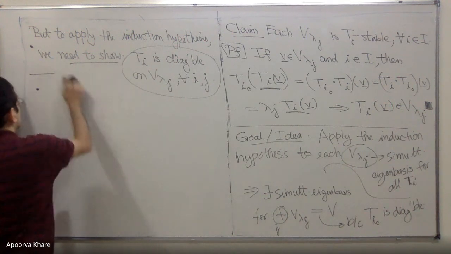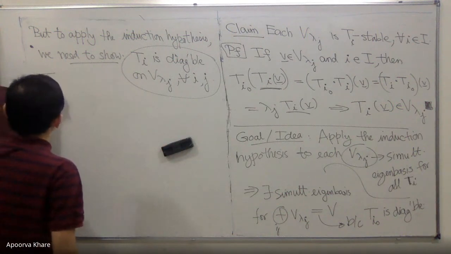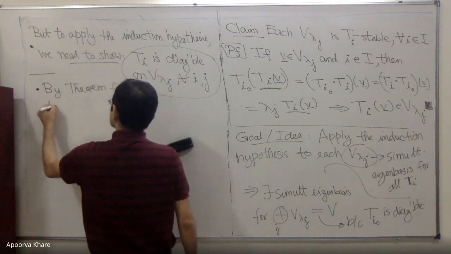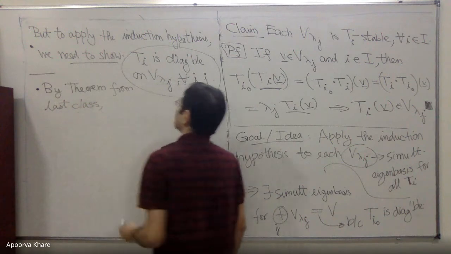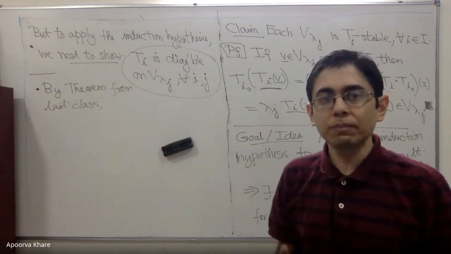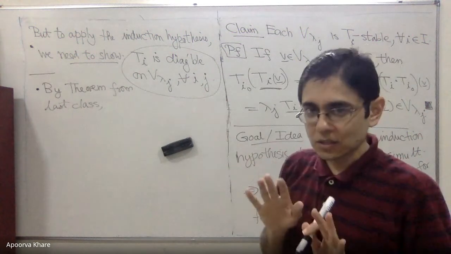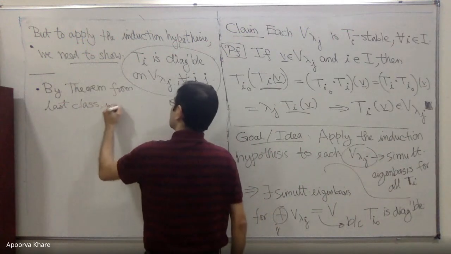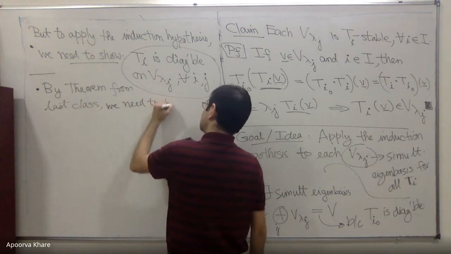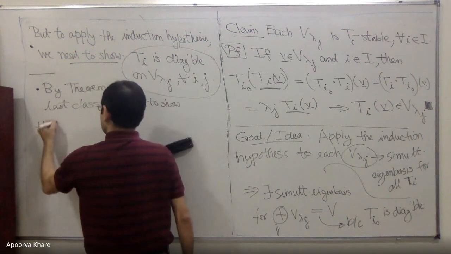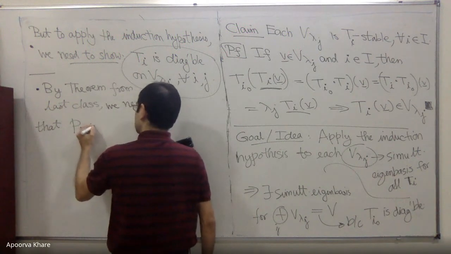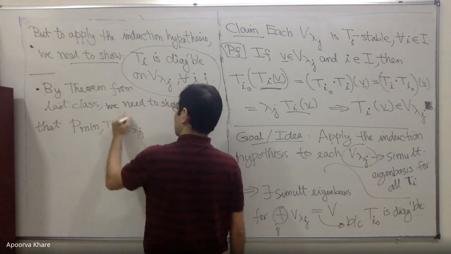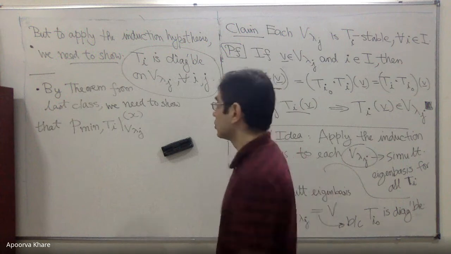Maybe I should say it the other way. So by the theorem from last class, we need to show this. Equivalently, we need to show that the minimal polynomial of Ti on V lambda j has no repeated roots.